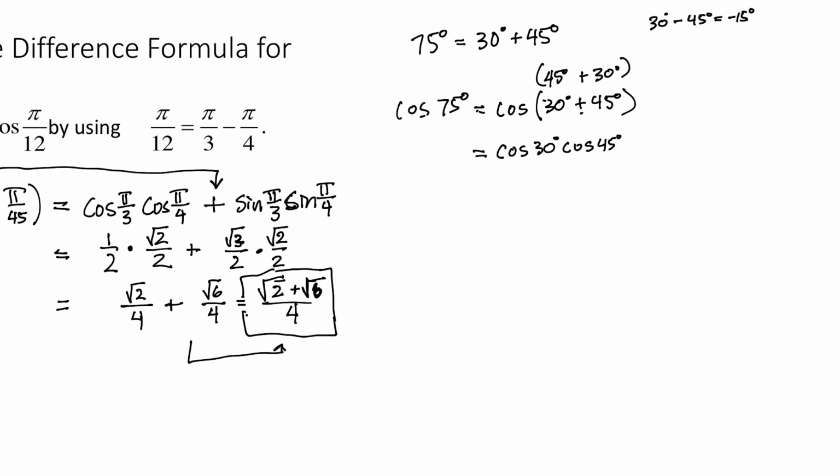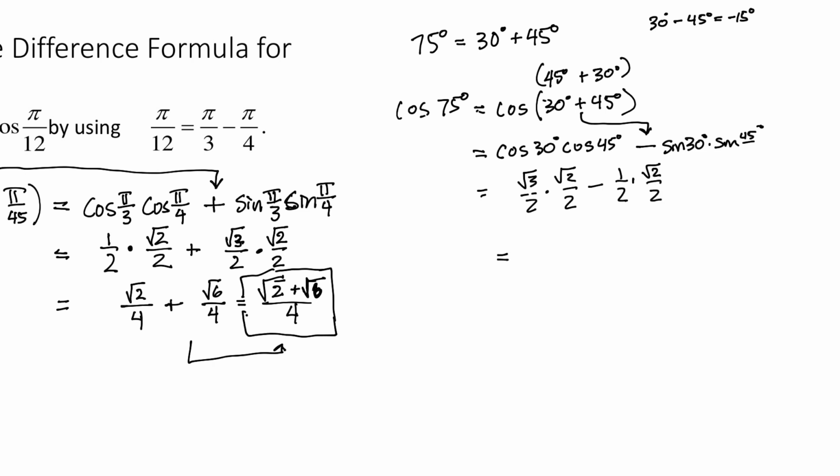We have an addition here, so we're going to put a subtraction here, and then do the sine of 30 times the sine of 45 degrees. All right, cosine of 30 we know is root 3 over 2. Cosine of 45, root 2 over 2. And since we have an addition, we're going to subtract and find the sine of 30, which is a half, times the sine of 45, which is root 2 over 2.